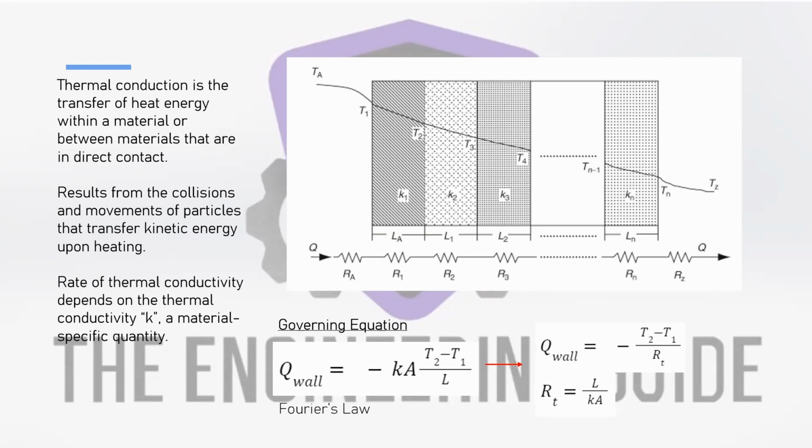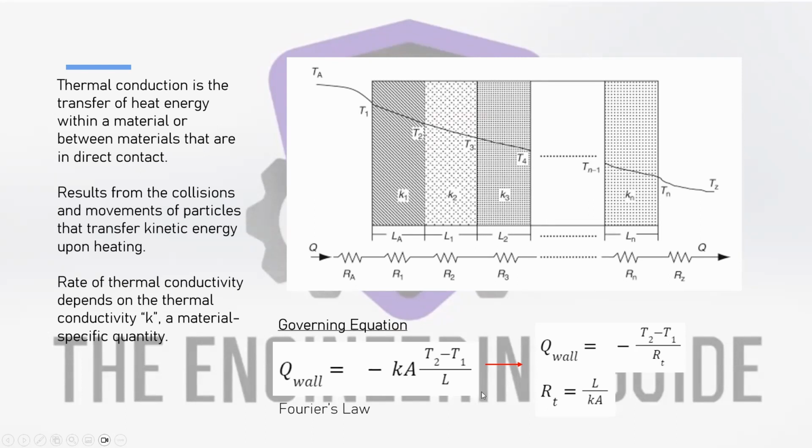Now, as I presented before, the governing equation for this problem is Fourier's law, which says that the total heat flux is equal to the negative of the thermal conductivity times the area times the temperature gradient over the wall, which for a linear distribution is simply the difference in temperature over the wall divided by the length or thickness of that wall.